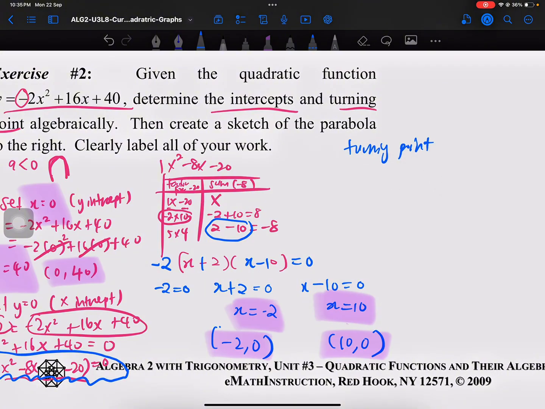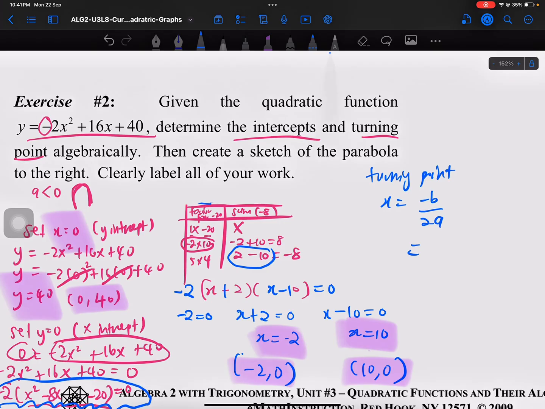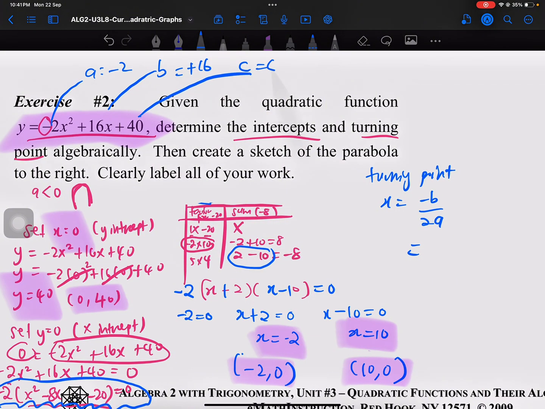So turning point is x equal to minus b over 2a. Now your b is from our original equation. So from here, a is negative 2, b is positive 16, c is 40. So now I need my b and a only.